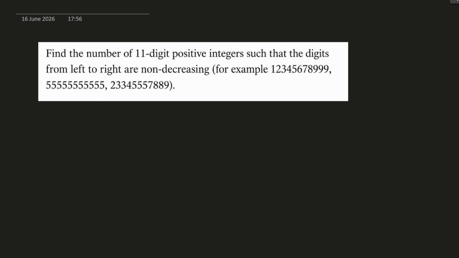So 11-digit positive integer, let's make 11 blanks for the 11 digits that we're going to be placing. Now there's no restriction for the number of times a digit repeats. Let's try to observe something: the numbers have to be non-decreasing from left to right.